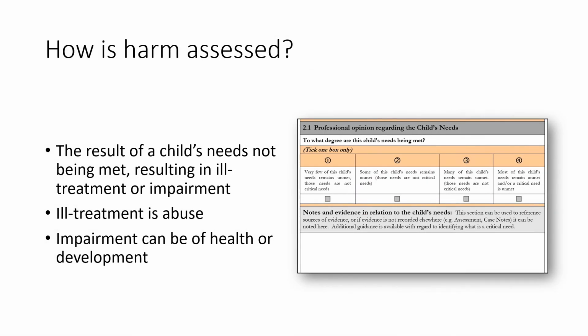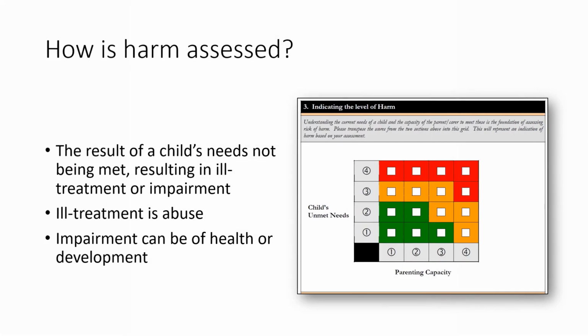In Risk 2, harm is assessed by looking at two of its features. These are the capacity of the parents to meet the child's needs and protect them from harm, and secondly, to what degree the child's needs are currently being met. In Risk 2, these are brought together into a colour-coded matrix where the degree of suspected harm is identified.